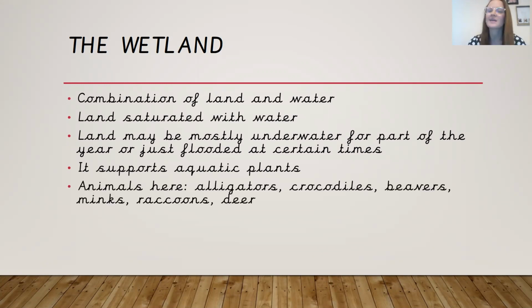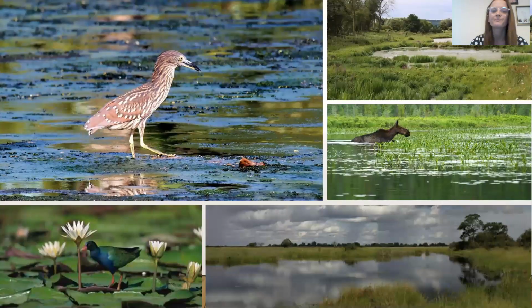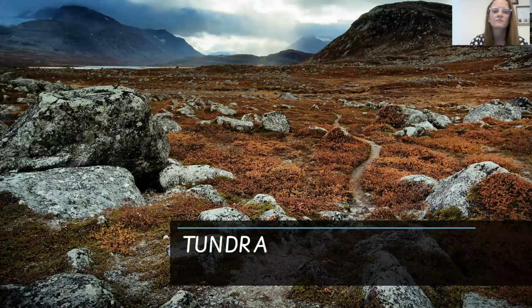Animals that live here can include alligators, crocodiles, beavers, minks, raccoons, deer. And plants that could live here are things like milkweed, water lilies, duckweed, cypress trees. And this is a lot of the things that you would see. So you can see the plants often grow on the water or in the water. And obviously it's very green because all the plants around it have access to water.